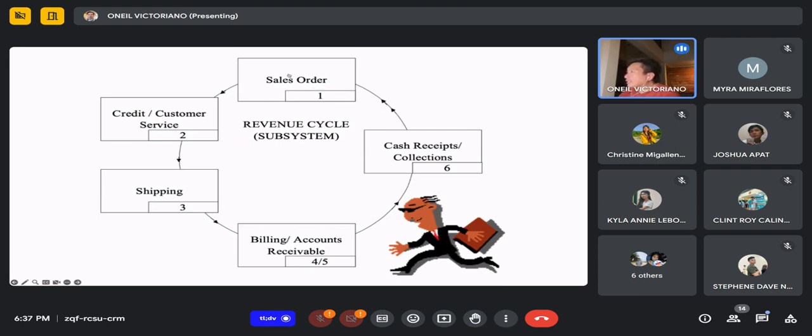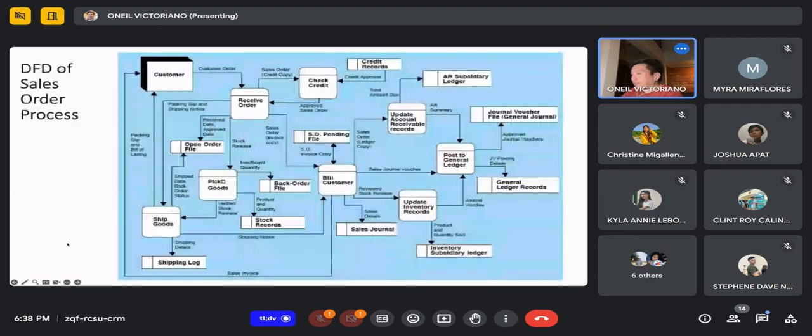So it starts with the sales order, and then we'll have credit verification or customer service of the order, shipping, and then we have billing and collection. Billing and AR, and then last would be collection or cash receipt. Sometimes cash receipts for partial payments would be part here, the second one.